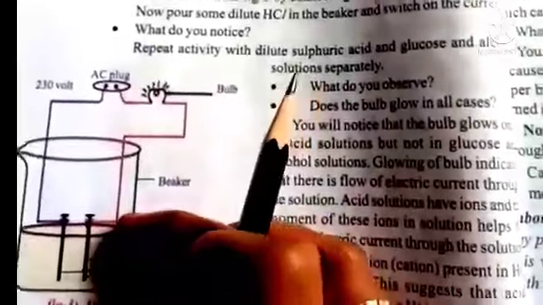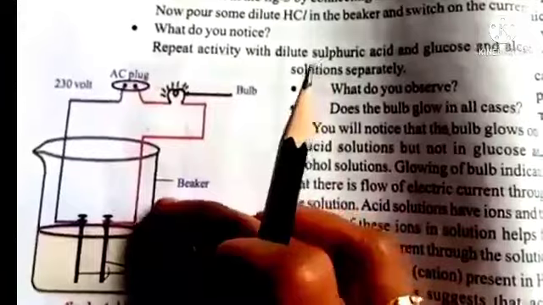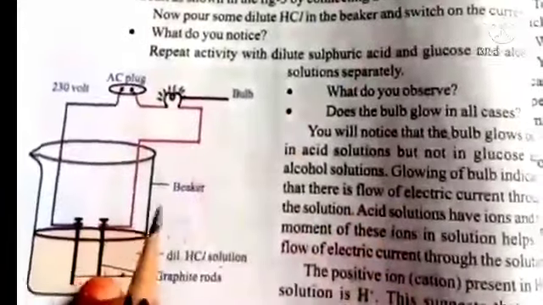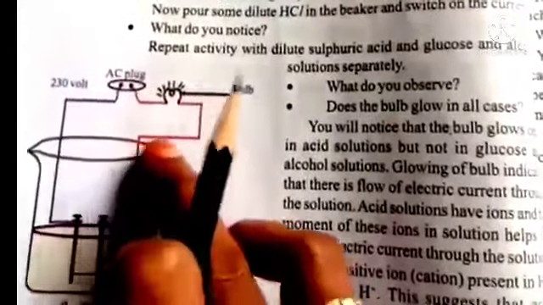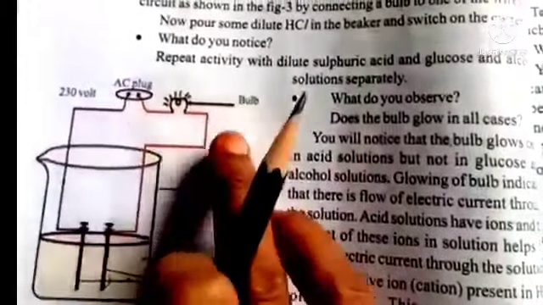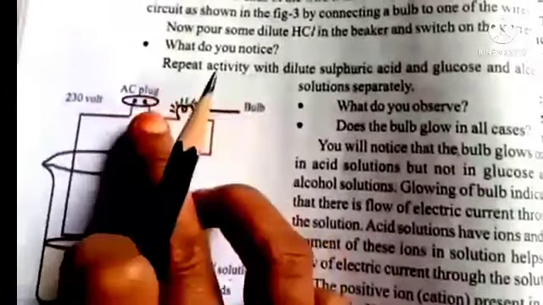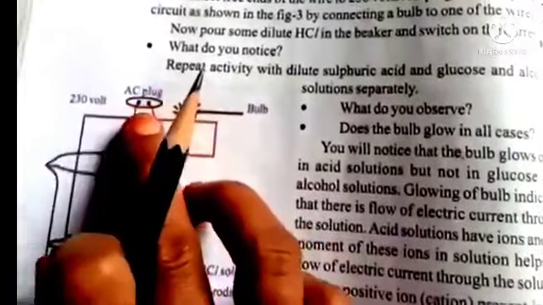Here two nails are connected with electric wires, a red wire and a black wire. This is the positive wire, this is the negative wire, connected with an AC plug like a switch.